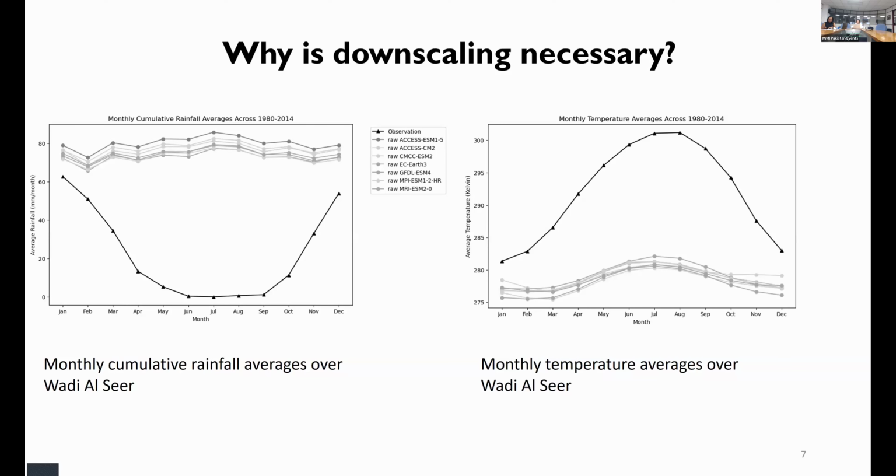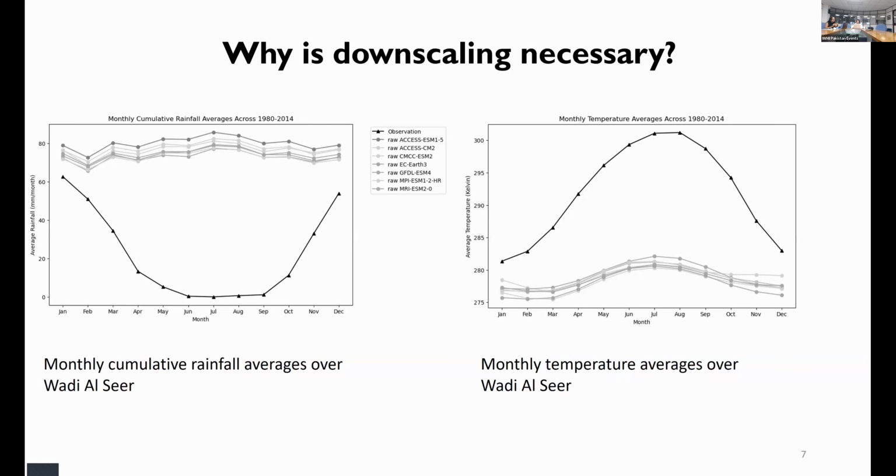And as you can see, none of these models are able to reproduce the observed climatology of these two important climate parameters.